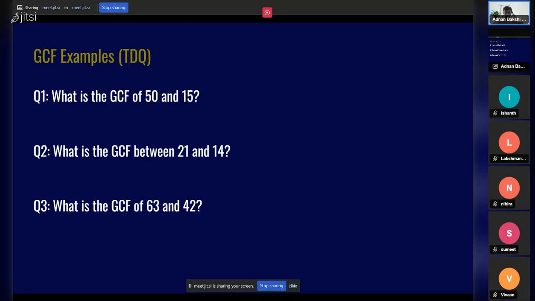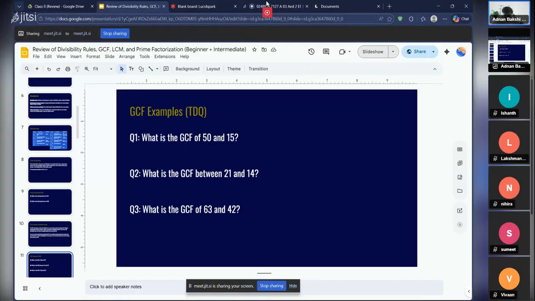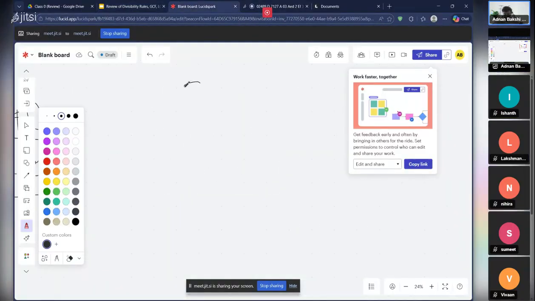So let's look at some examples. I'll do the first one with you, and you guys can do the last two. All right. So number one, what is the greatest common factor of 50 and 15? All right. So let's see. It's best to use prime factorization for this.